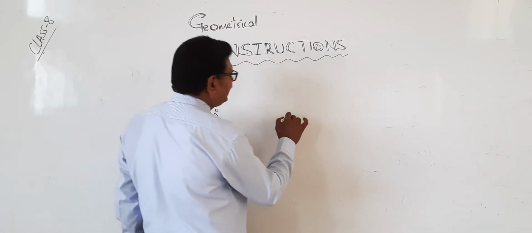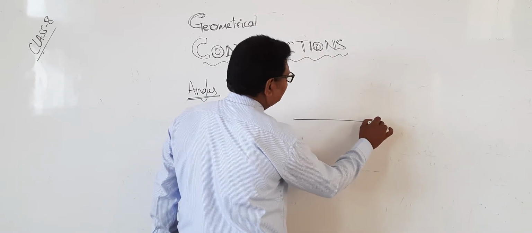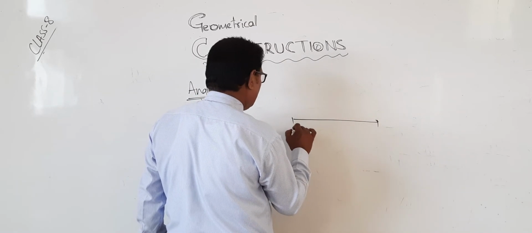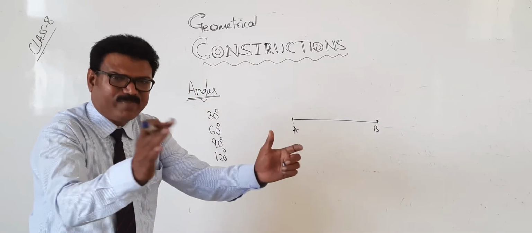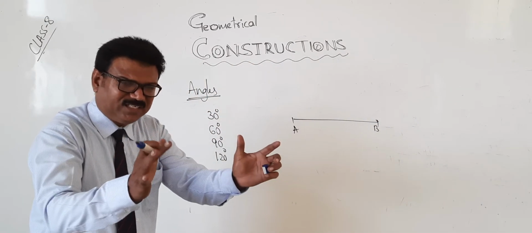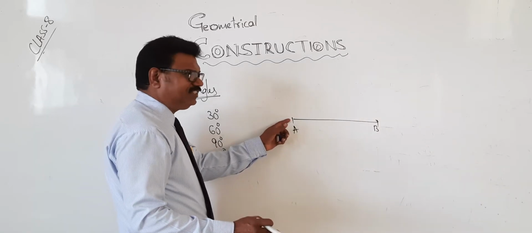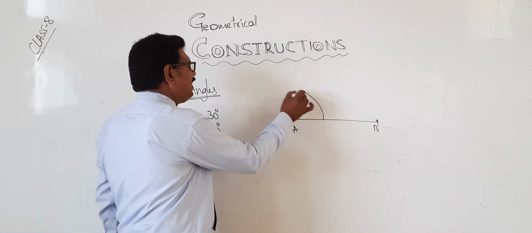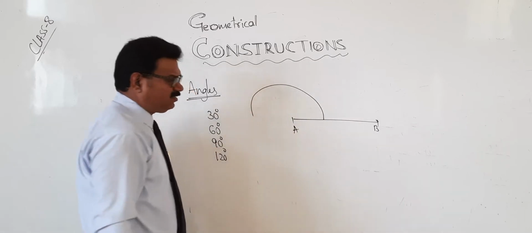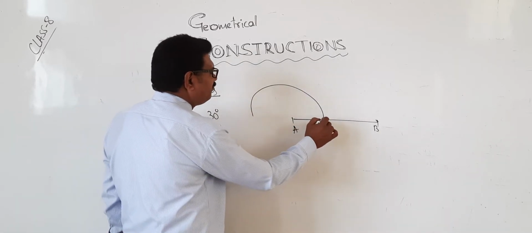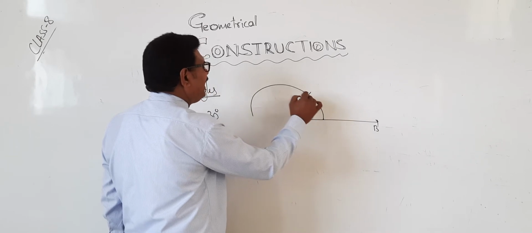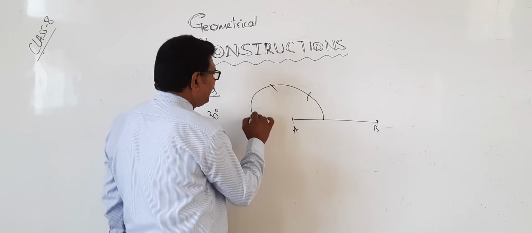For everything, there is only one solution like this. First, you draw any line segment. Now take the compass. Keep the sharp edge here. Draw a semicircle.